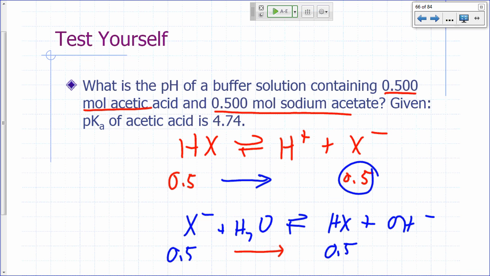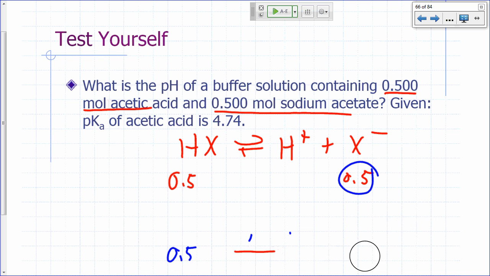Okay, so solving this problem is fairly simple. The concentration here is going to be 0.5 over whatever the volume is, right? Since you're given the moles, you have to get the concentration.